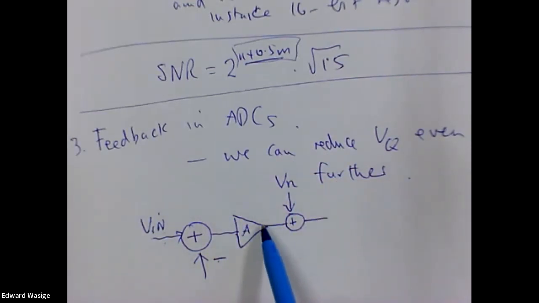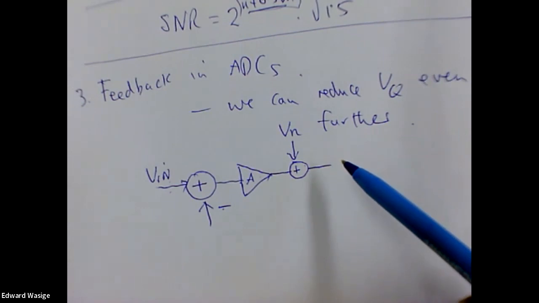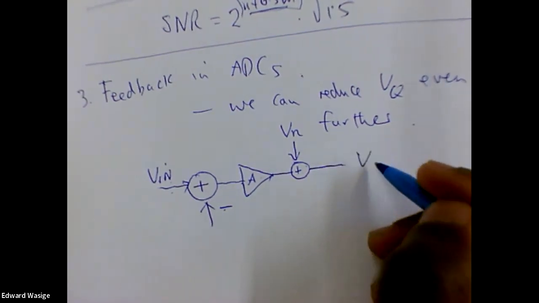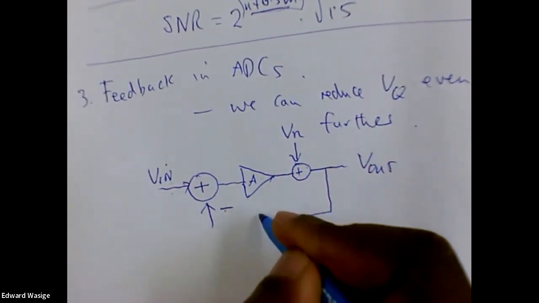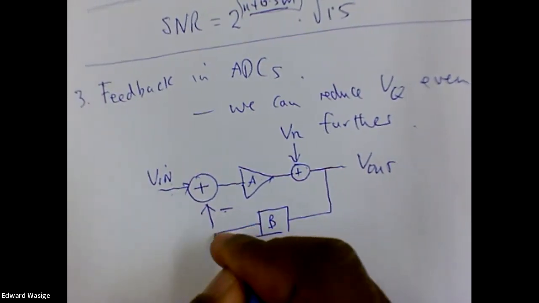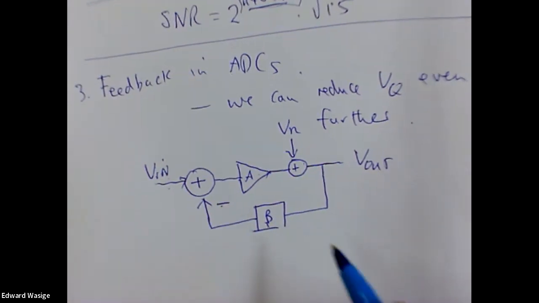So through the amplification process, there's a noise that is introduced. And that's our output signal. Then we have the feedback path, and we can scale the output signal by a factor beta.